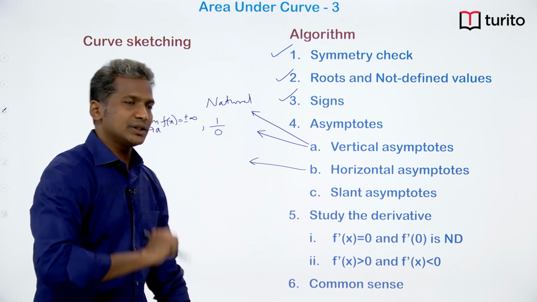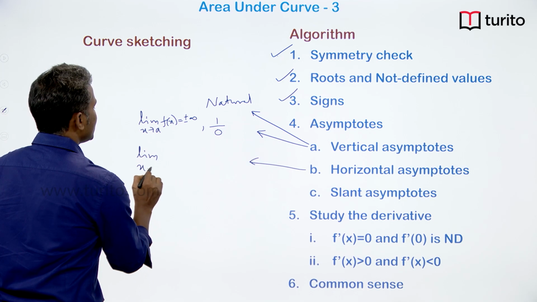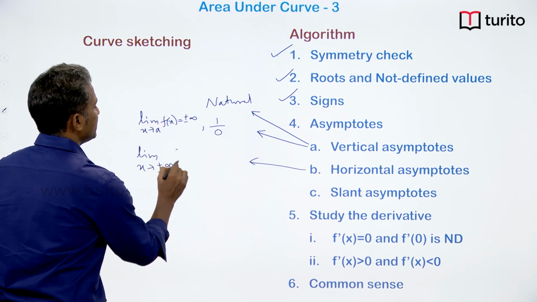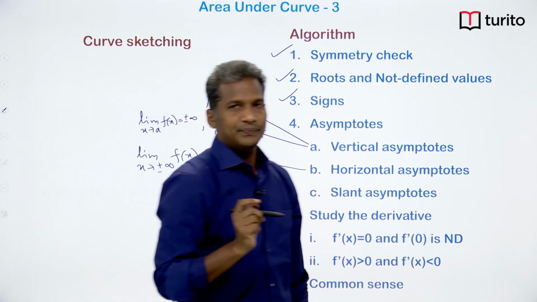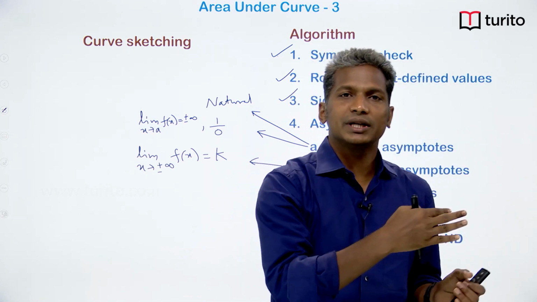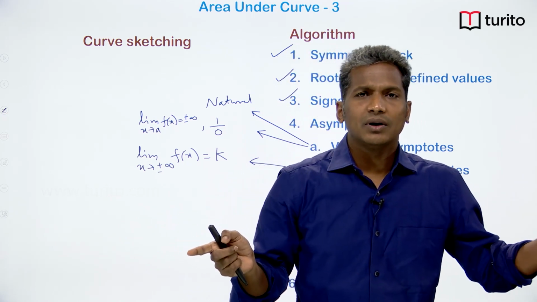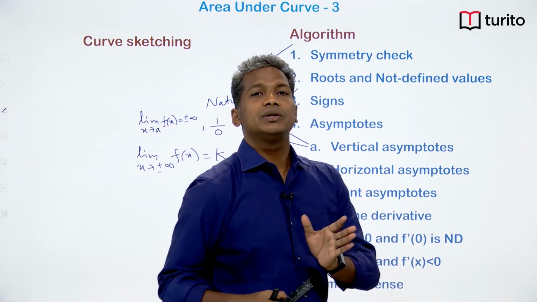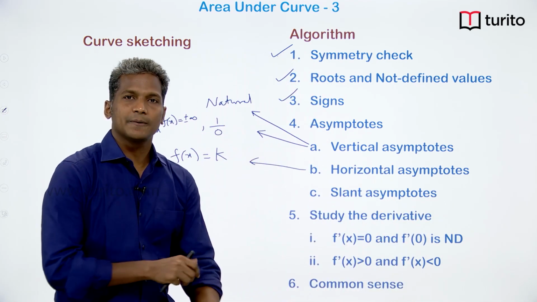To understand horizontal asymptotes, we need to understand this idea that limit x tending to either plus infinity or minus infinity, if f of x is tending to a constant, then that means the entire function is going to tend to a constant at the extreme values, either the right extreme or the left extreme. At these two extremes, the output is going to tend to a constant. So, that is the horizontal asymptote.